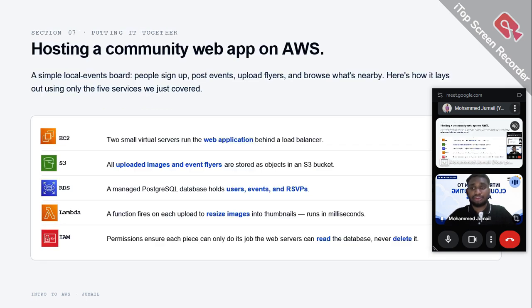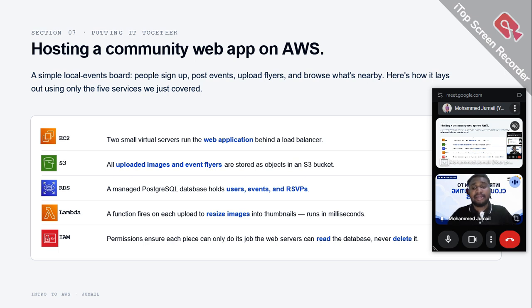Next one is hosting a community website on AWS. First one is EC2, where small virtual servers run the web application behind the load balancer. With S3, all uploaded images and event flyers are stored as objects in the S3 bucket.